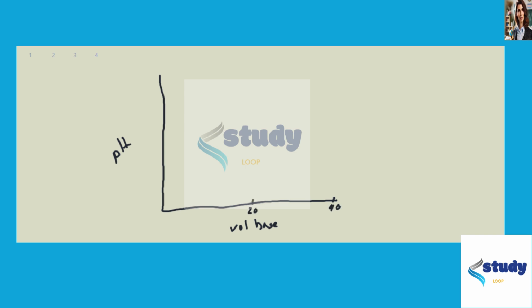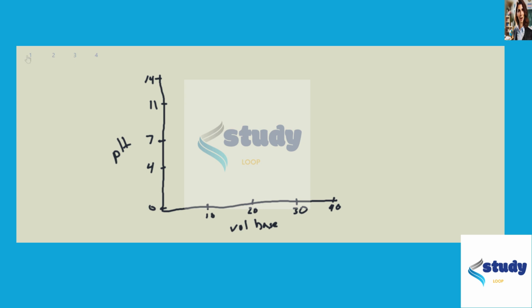And so we can put 20, 10, 30, 7. So once again, if you've drawn these before, you know if you're drawing by hand, it's not going to be perfect.